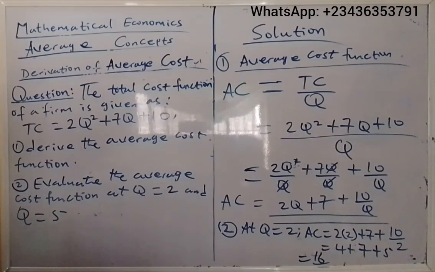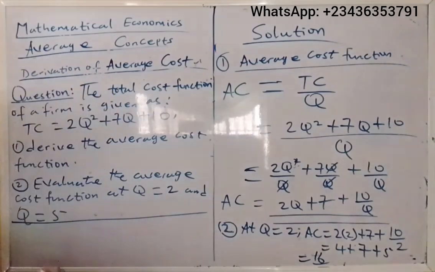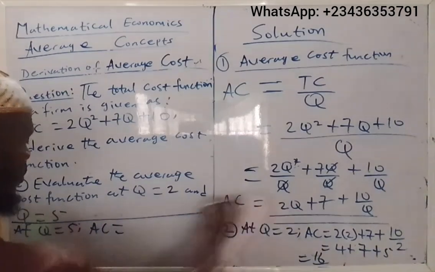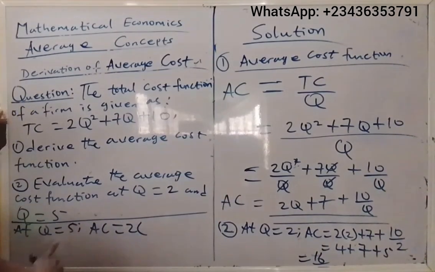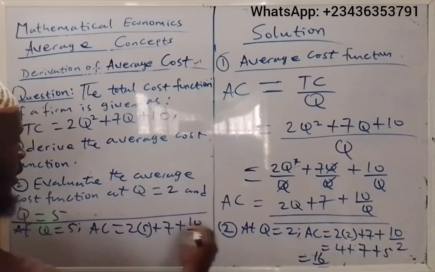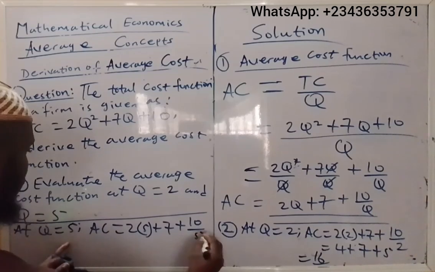Now, let's evaluate at Q equals 5. That is a continuation of this. Our AC will be, we have 2Q, Q is 5 now, then plus 7, then we have plus 10 divided by Q, which is 5.